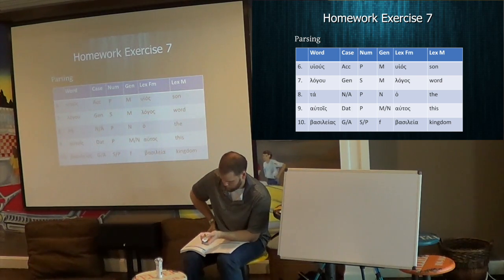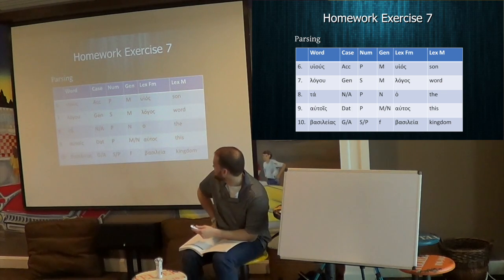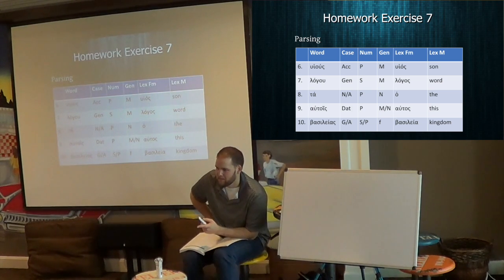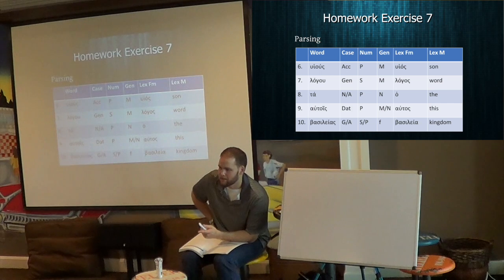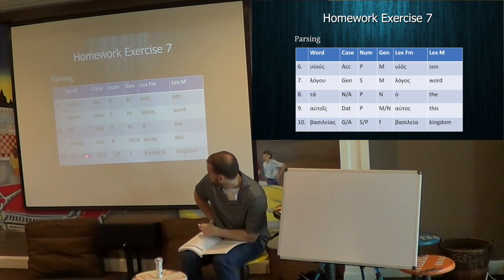I don't know. You got your chart there? All right, look at the hora noun paradigm, right? Look at the genitive singular. What's the ending on it? Oh, okay. It's eta sigma. Alpha sigma.